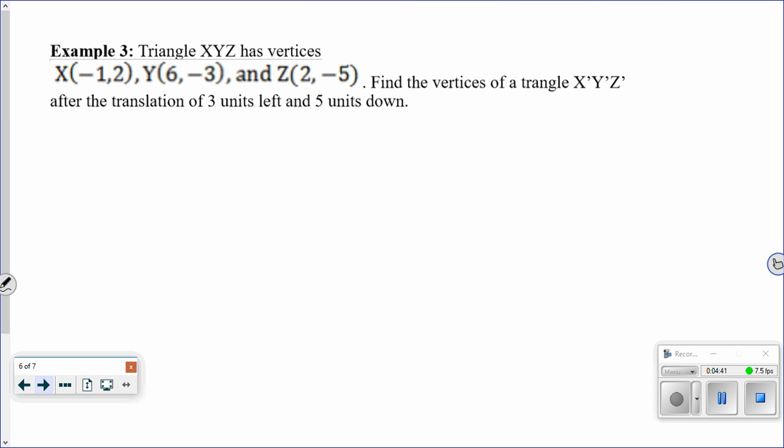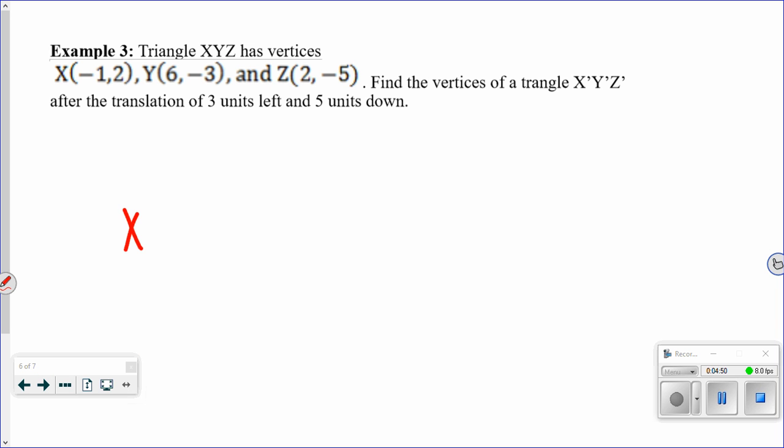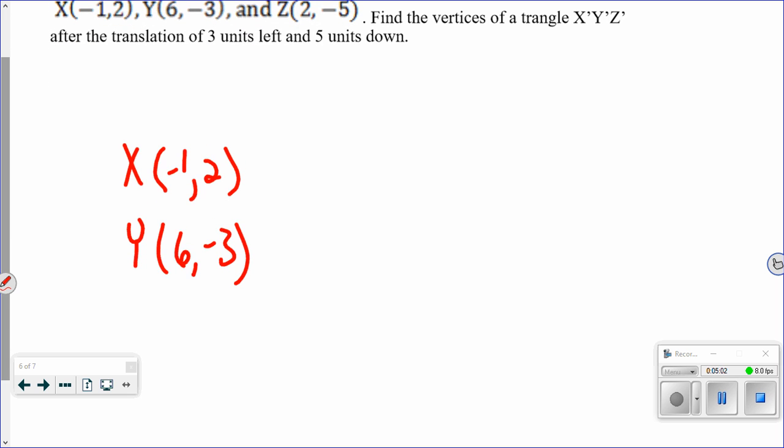We have example 3. Triangle XYZ has vertices, so we'll rewrite the vertices here. X is -1, 2. Y is 6, -3. The word translate again means slide.